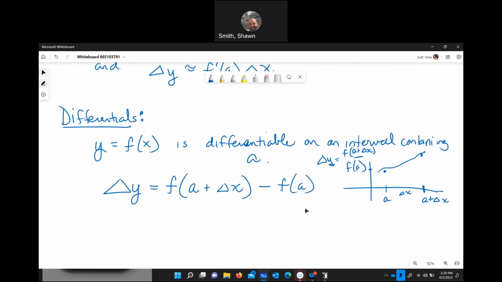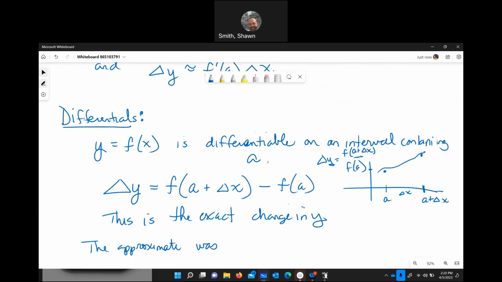This isn't approximating it. The approximate was change in y is equal to f prime at a times change in x.